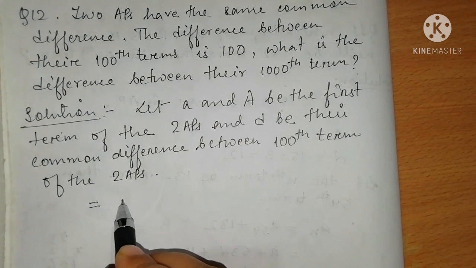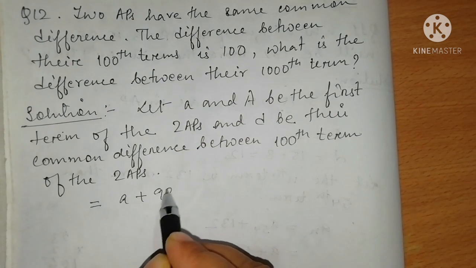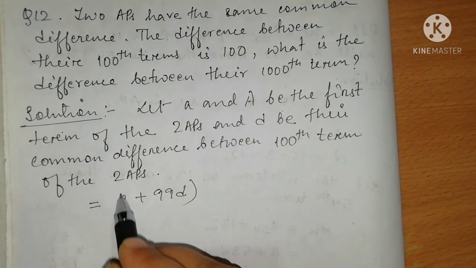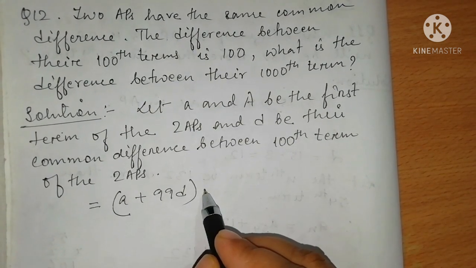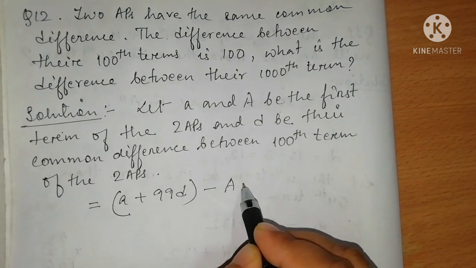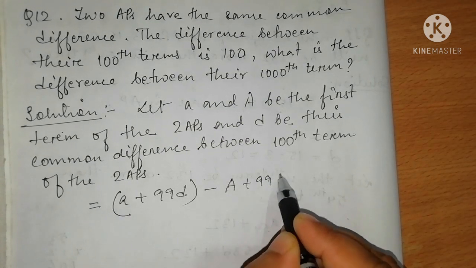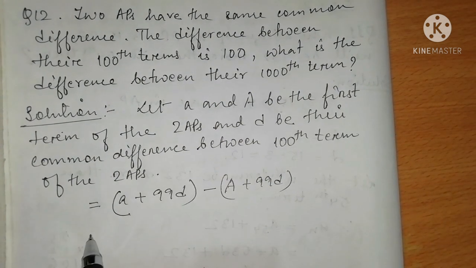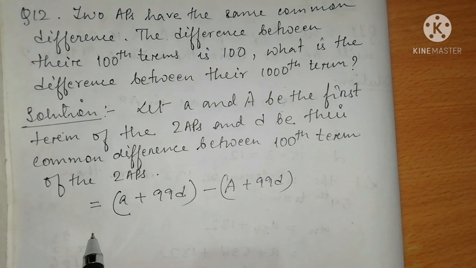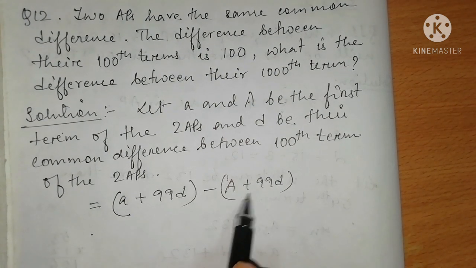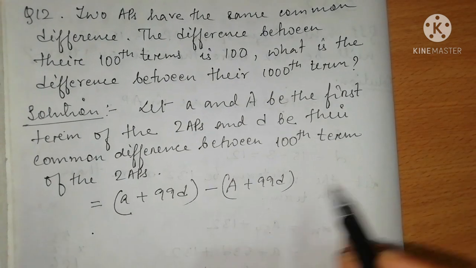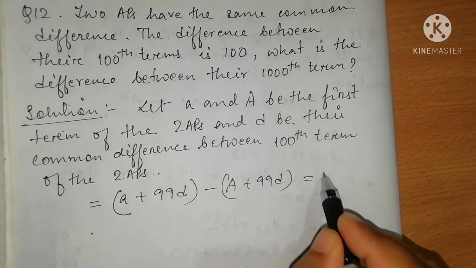So we can write a plus 99d for the first AP's 100th term, and for the second AP, capital A plus 99d. The difference between the 100th terms is given as 100.